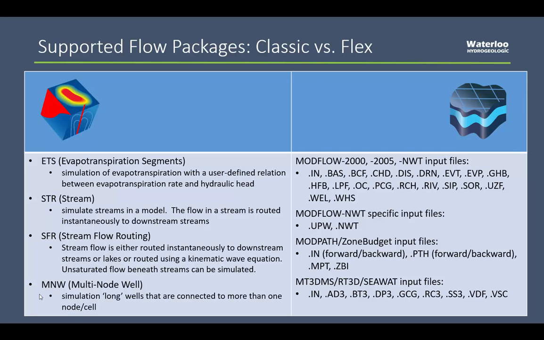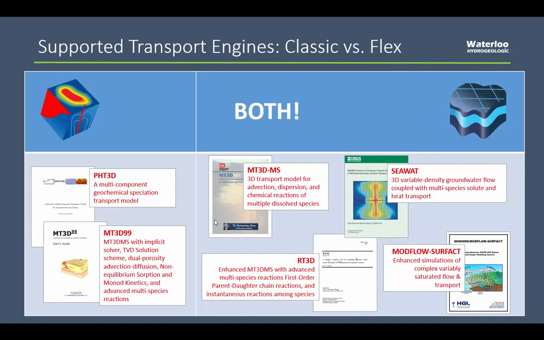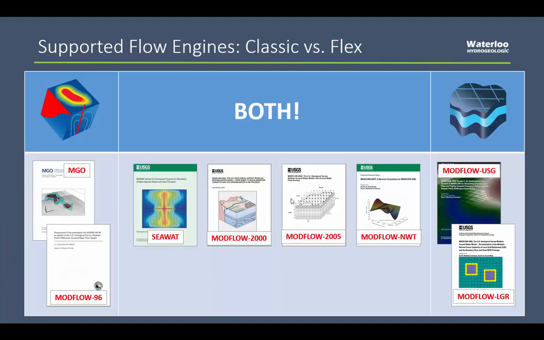So the important thing to consider when transitioning from VMOD Classic to Flex is, first, you're going to want to make sure that all of your existing projects from VMOD Classic are going to be usable within the confines of the Flex interface. So this information becomes extremely important, as does the information regarding which contaminant transport and flow engines are supported in the two interfaces.